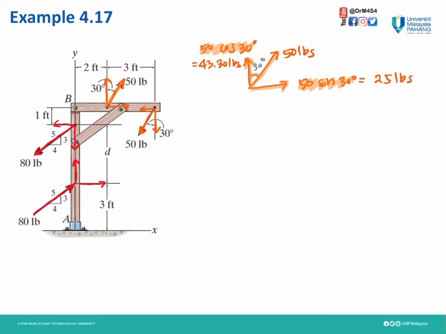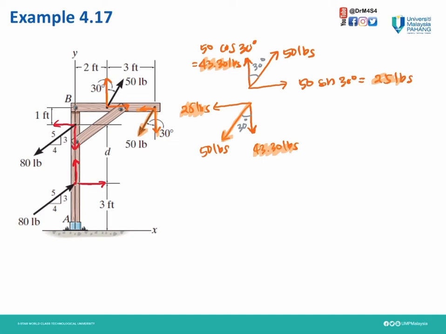Simply we rotate this and we find the other side. So the answer for this one is 25 pounds on this side, and for this side is 43.3 pounds, same as this one.